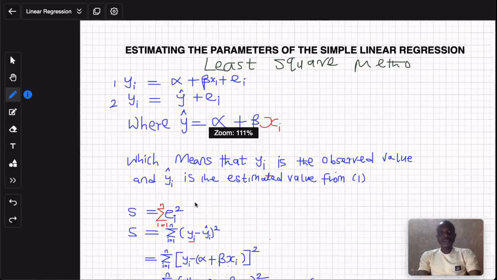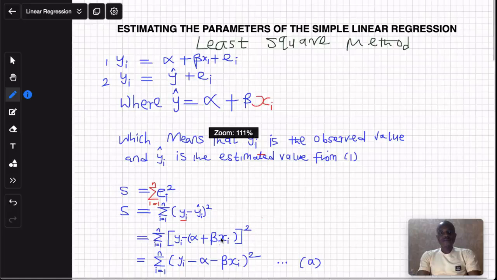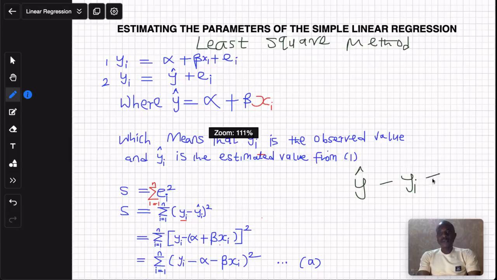Now, when this is minimized, it means you have the least squares. So it means that you have a parameter that will help you obtain estimated values that are not far from the observed value, so that when you find the difference between these, it's very close to zero.